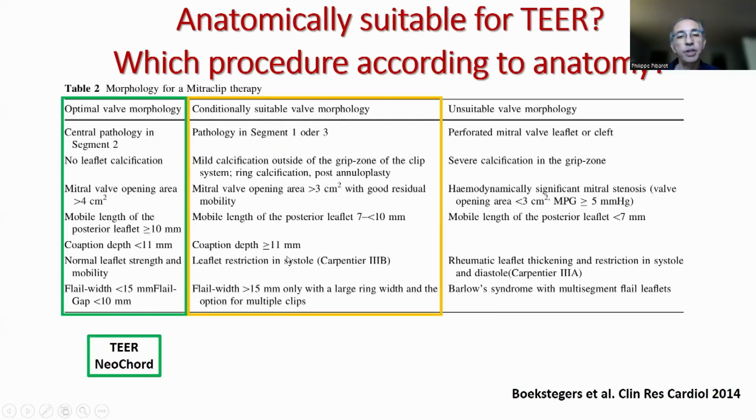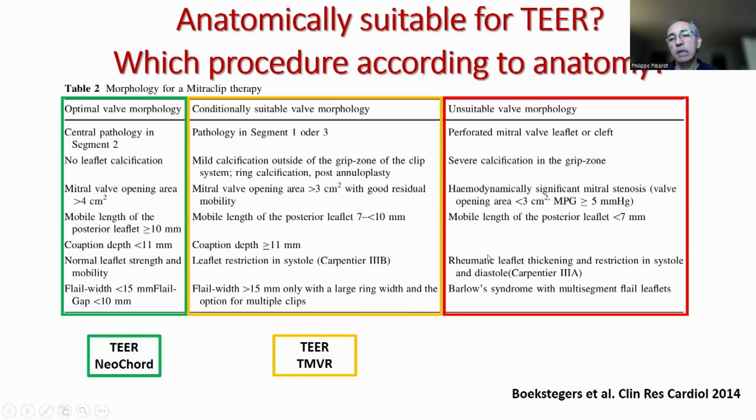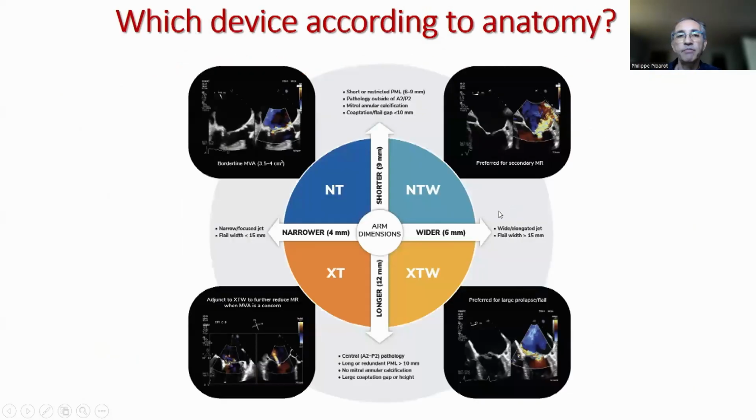In the orange here, if you have one criterion, that's okay, but if you have several, it's more like a decision to take between TEER or TMVR. And finally, if you're in the red here, these are not good candidates for TEER and would be more TMVR.